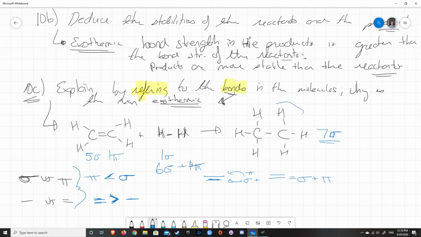So if this has stronger bonds in it, it means that it's more stable. And if it's more stable, that's why the reaction is exothermic. So that's the way you can describe it.